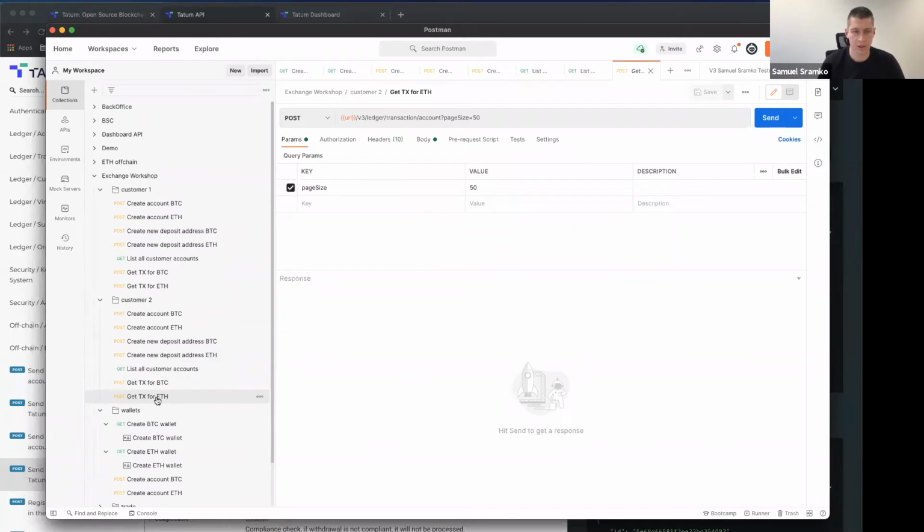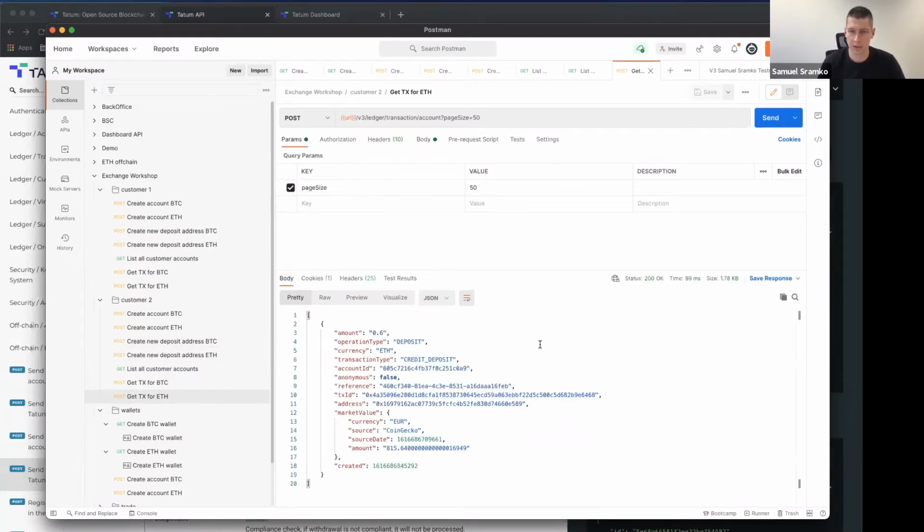We can now take a look at the get transactions for Ethereum account, and we can see that there was one blockchain deposit transaction. Your user sends 0.6 Ethereum to his account using this transaction ID from the blockchain. So you can see that something had happened. He topped up an account.